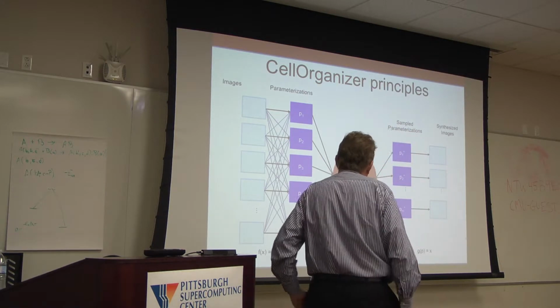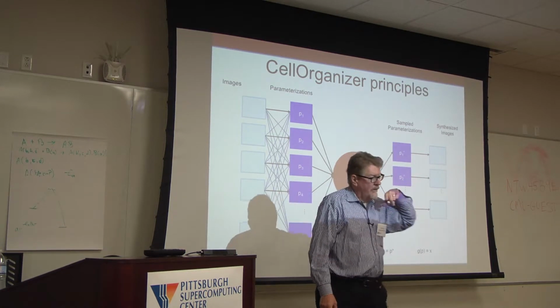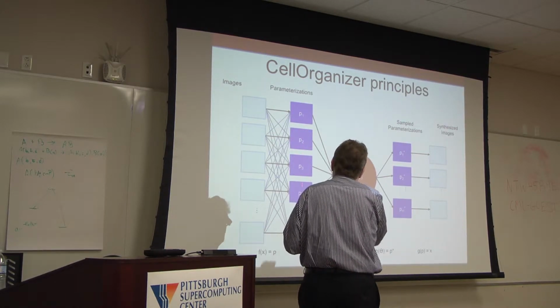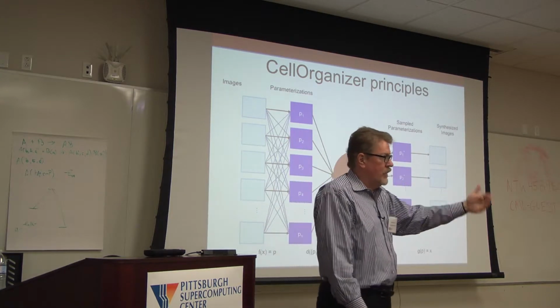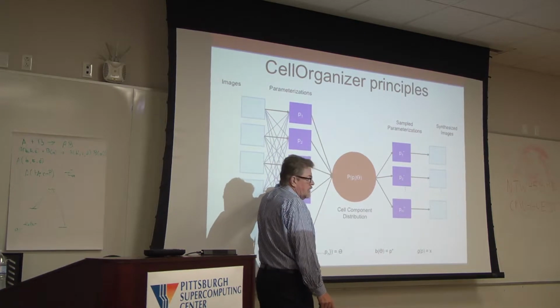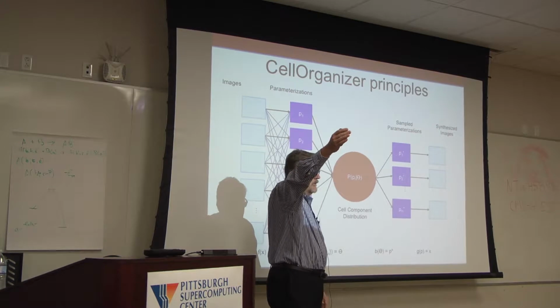And isn't it different for each? So theta is the thing we learn that enables us to predict the distributions of the parameters that we have just learned from the images. Okay? Images converted to parameters. We have a matrix of many cells, many parameters.